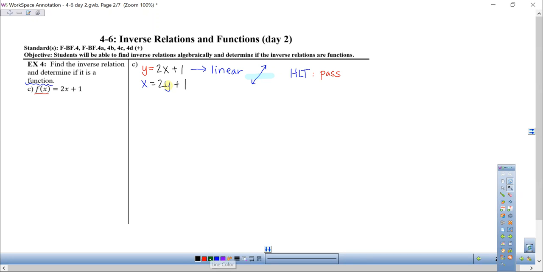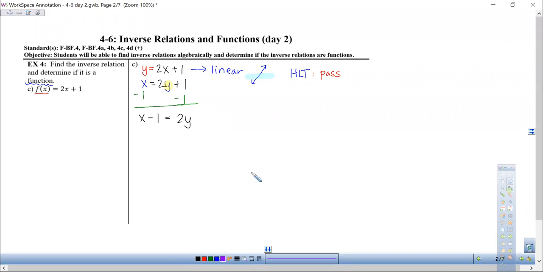In order to do that, we need to move the 1 over and the 2. We always undo addition or subtraction first, so we're going to subtract 1. When we subtract 1 from both sides, x minus 1, I cannot combine. And then I canceled this one, so all that we're left with is 2y.